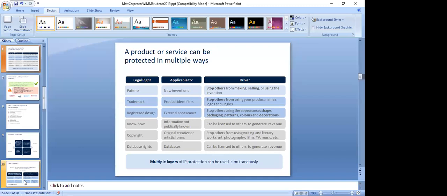Don't do that. These are the things you need to understand about copyright.